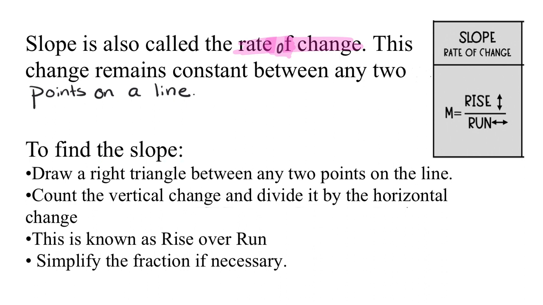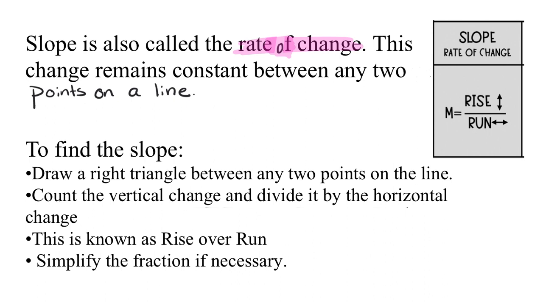To find slope, we're going to draw a right triangle between any 2 points on a line. Then we're going to count the vertical change and divide it by the horizontal change. This is known as rise over run. Then we will simplify the fraction if necessary. Also on here, you can see that there is m.